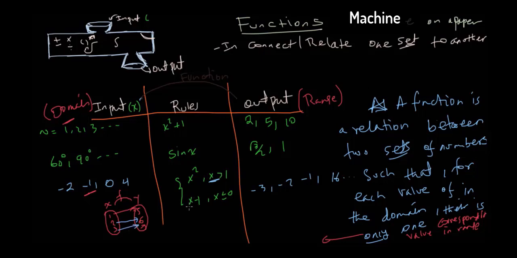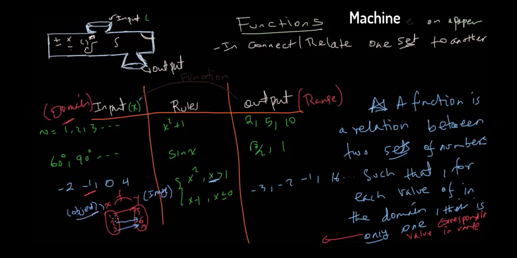This is just an example. If you consider this as the object and this as the image, for every object there has to be only one image.